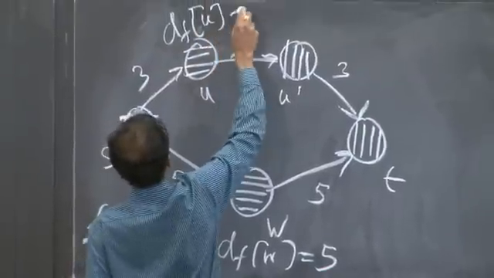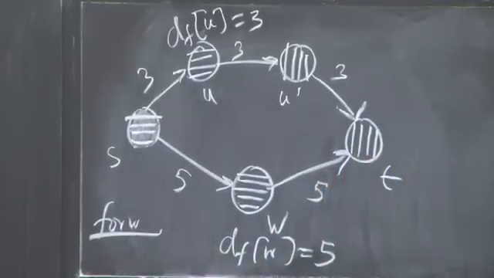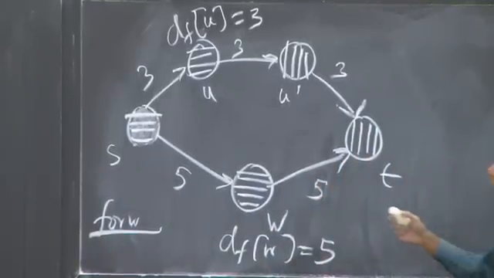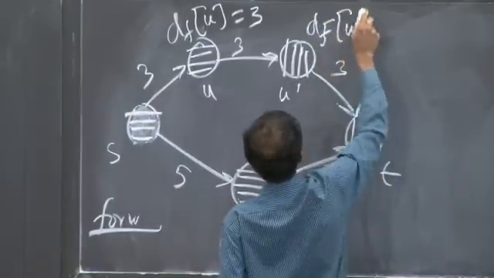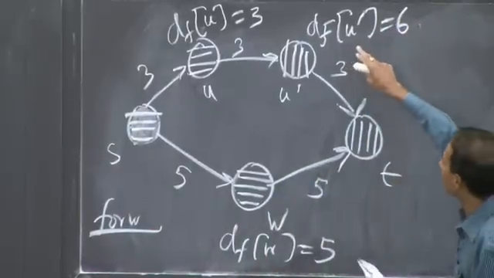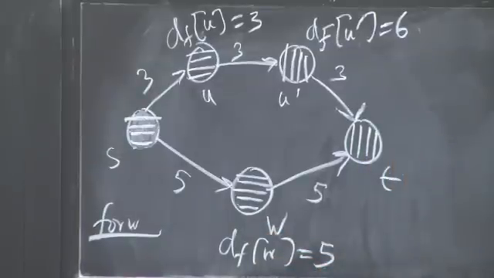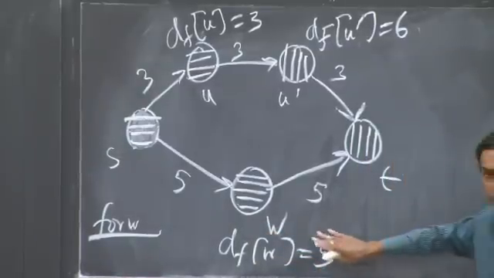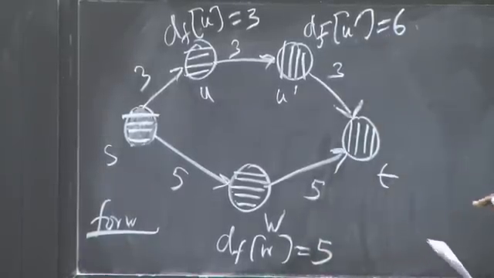DF of U equals 3, but I've hashed that. And so I've gone ahead and processed that vertex. And this one, DF of U prime equals 6. So if I compare in QF, I would be comparing U prime and W, and I would pick W. OK? People buy that? That's because I guess you buy the fact that 5 is less than 6, I hope.